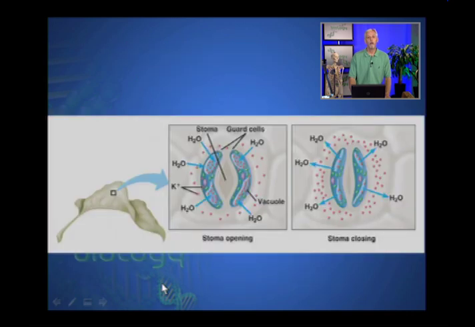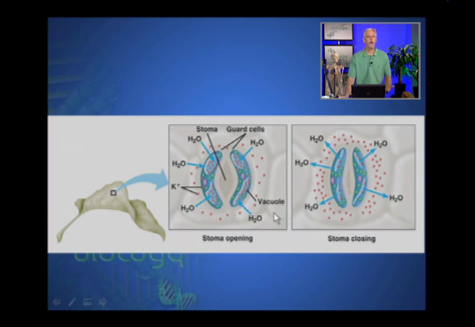Okay, another thing I want to go back to is CO2 getting into the plants. I mentioned last time that when the guard cells are fully hydrated, that opens the stoma, allowing CO2 into the leaf. And when they're dehydrated, that closes the stomata, preventing CO2 from getting into the leaf.